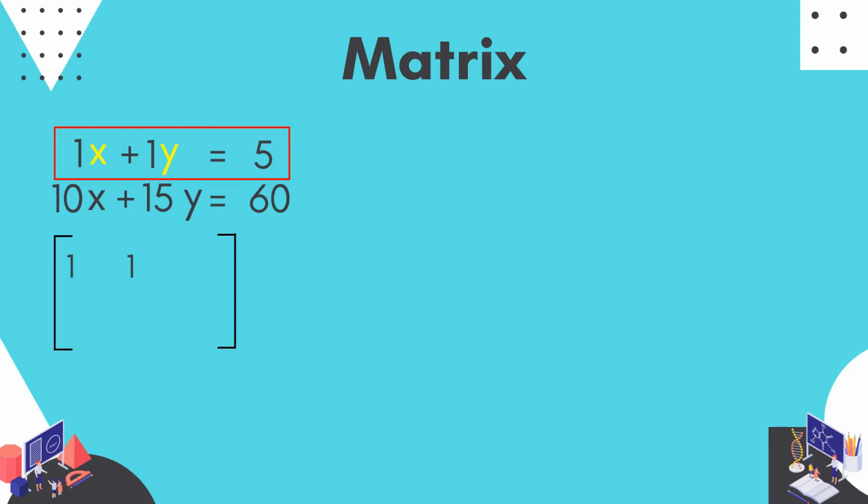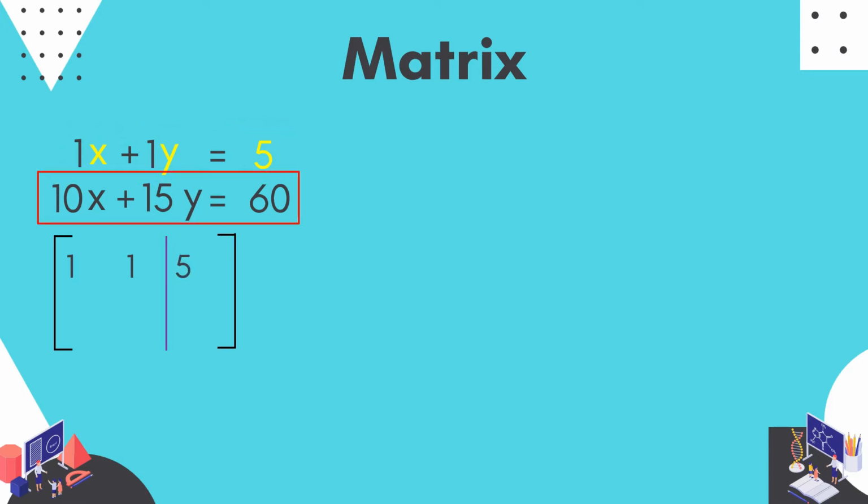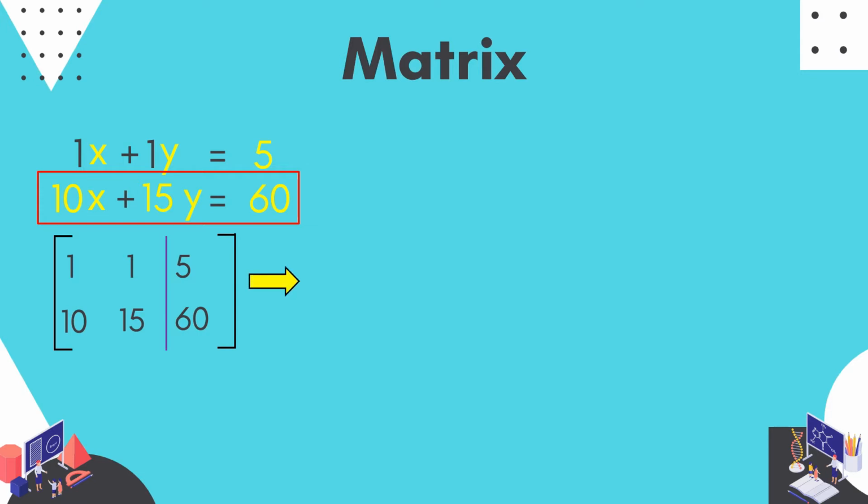So, 1, 1. And also, we're going to get the constant 5. Next, our second equation. The numerical coefficient of x is 10. We're going to put it into our matrix, and the numerical coefficient of y is 15 and also the constant 60. So, this is the so-called augmented matrix.